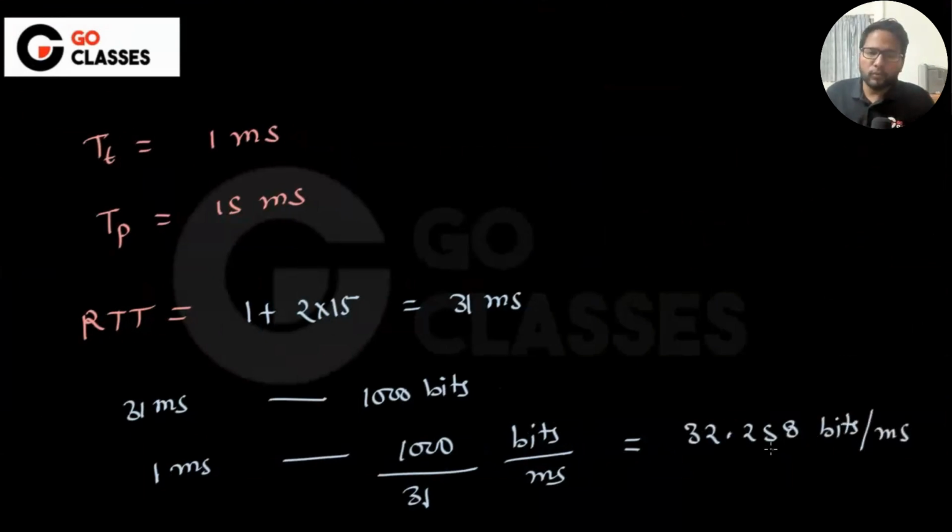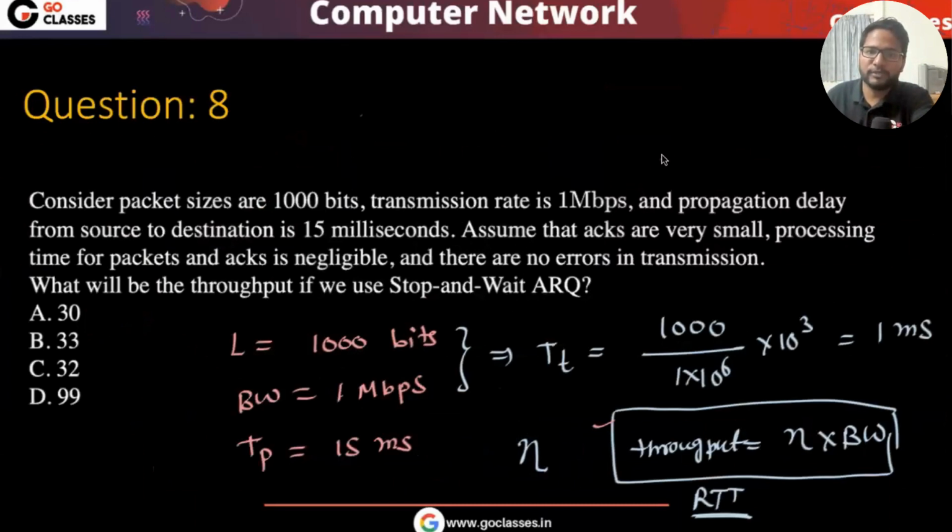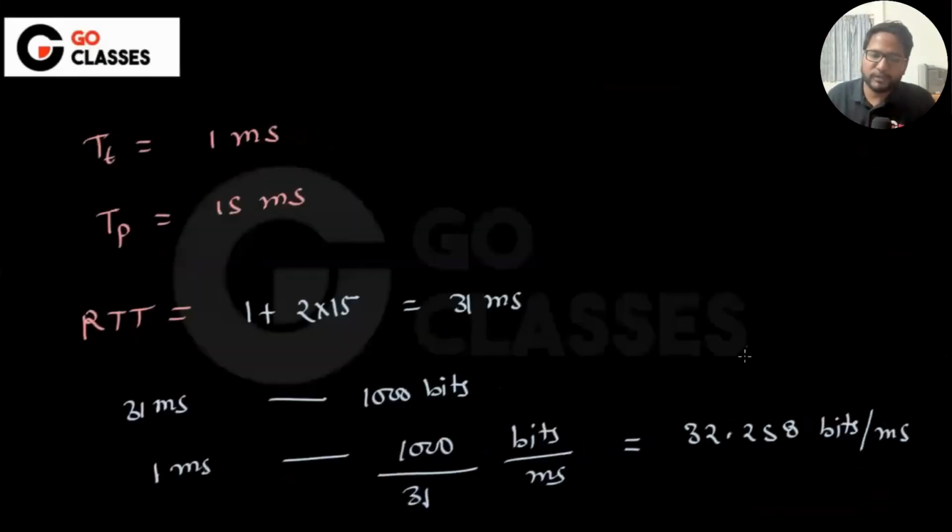We can also write it in bits per second, or bytes per second if you want. What is the bandwidth unit? They have given bits per second, so let's write it in bits per second only. To convert into bits per second, should I be multiplying this number by 1000, or dividing by 1000?